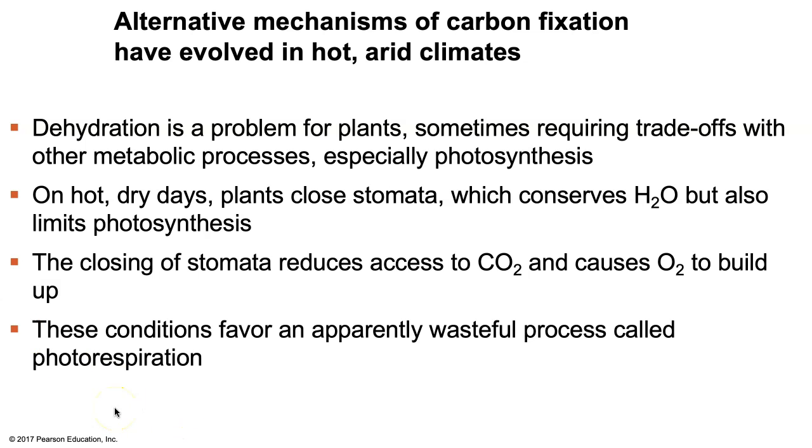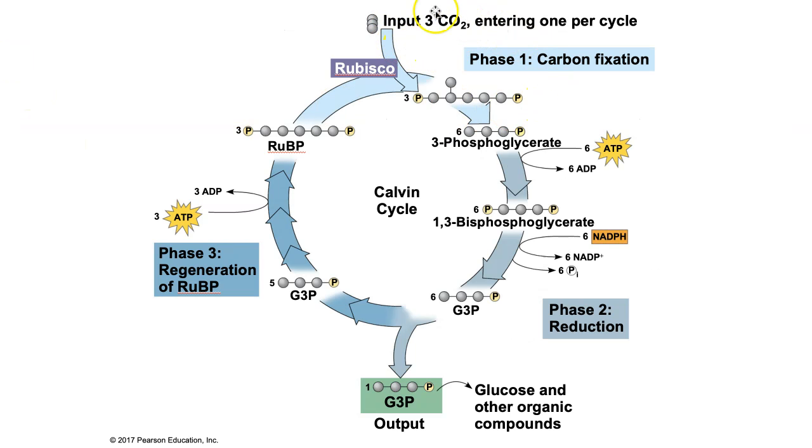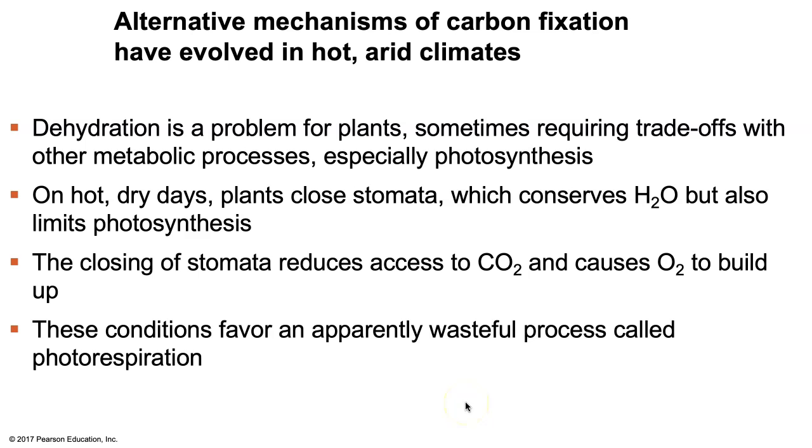But this also is, as you can imagine, going to limit the amount of carbon dioxide that can come in. And we know that we need carbon dioxide in order to get the Calvin cycle going and create that sugar output. So in these situations, if they close their stomata, they're going to have a build-up of oxygen.